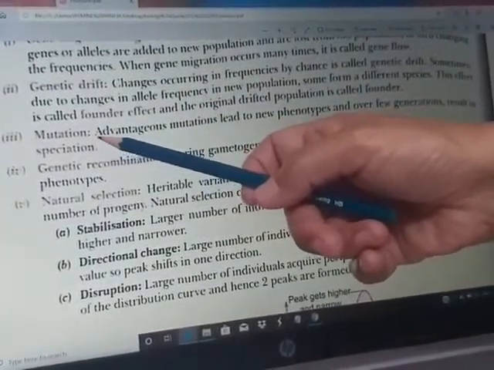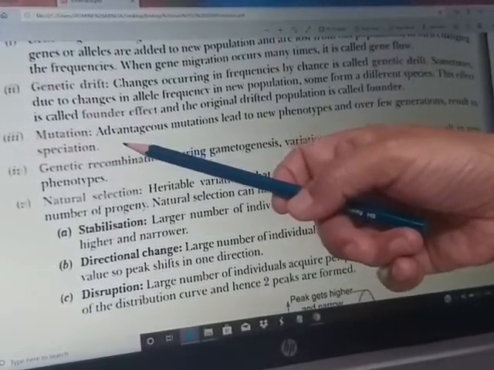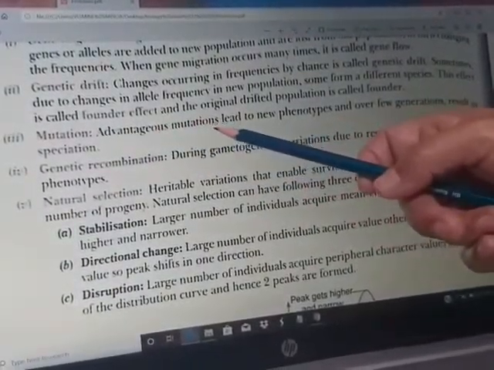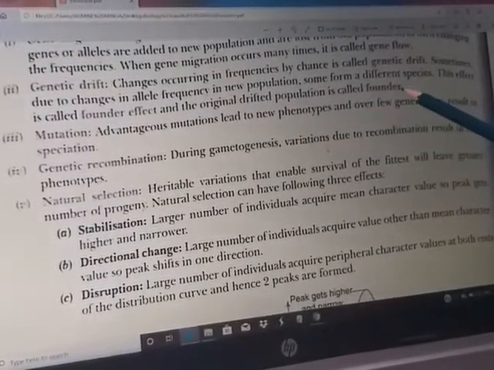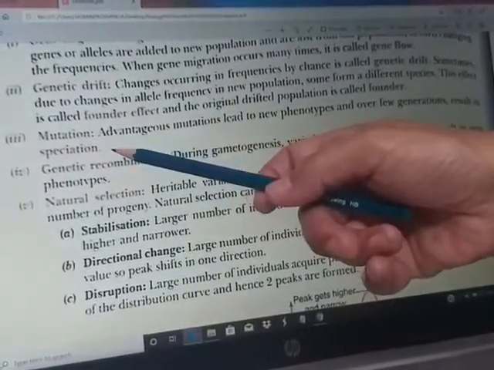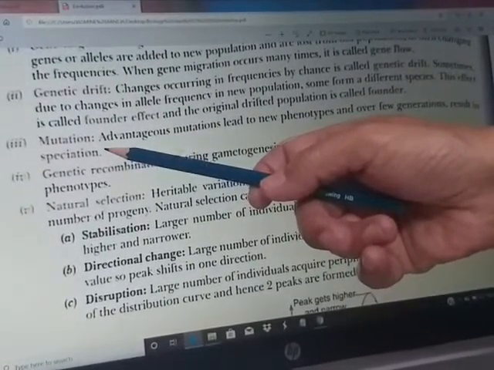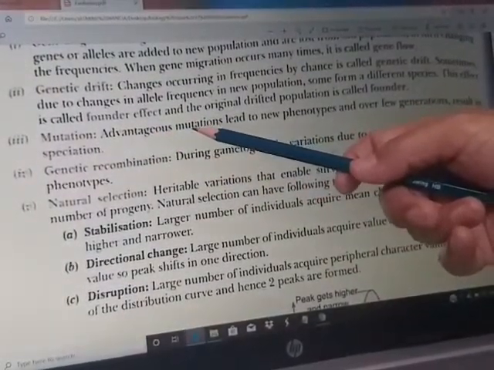Next is mutation. We have already studied mutation. They are sharp changes. Advantageous mutations lead to new phenotypes and over few generations result in speciation. Speciation means formation of new species. These are the mutations which are favorable.